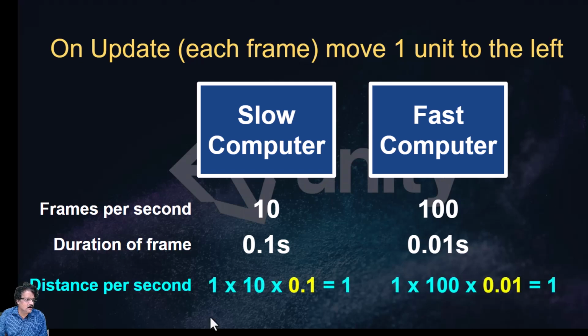Whenever you multiply your value with Time.deltaTime, on a slow computer 1 into 10 into 0.1 will be equal to 1, and on a fast computer 1 into 100 into 0.01 is again 1. So whether it is a slow computer or a fast computer, distance per second will always be 1. This is the reason why we use Time.deltaTime.